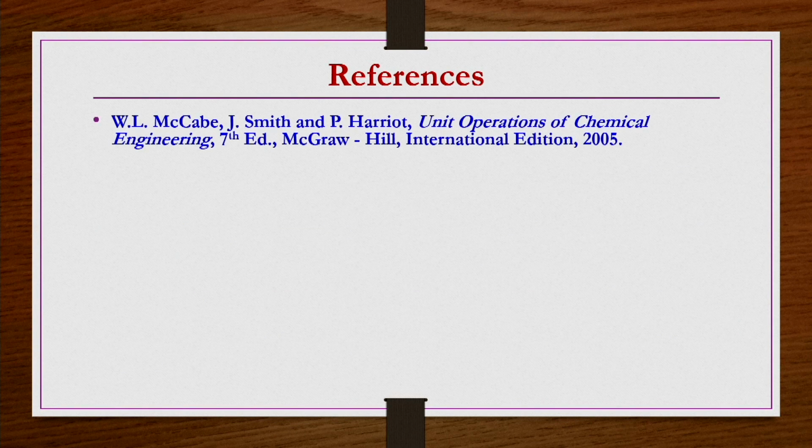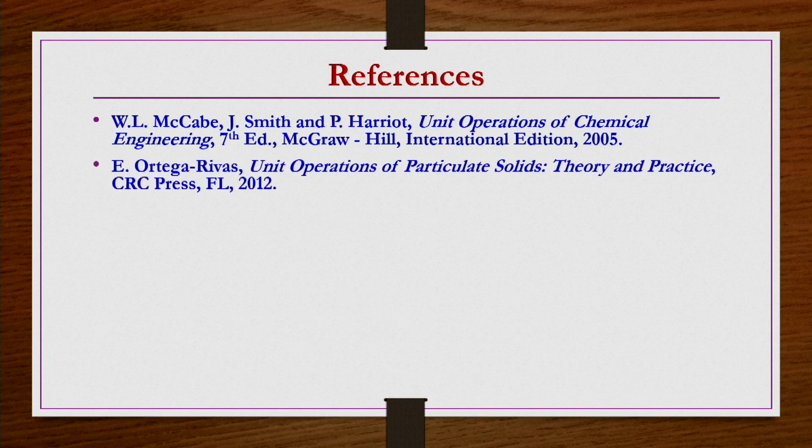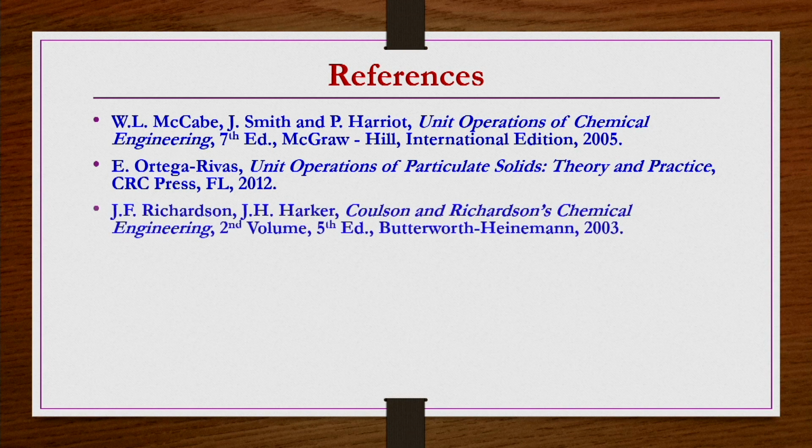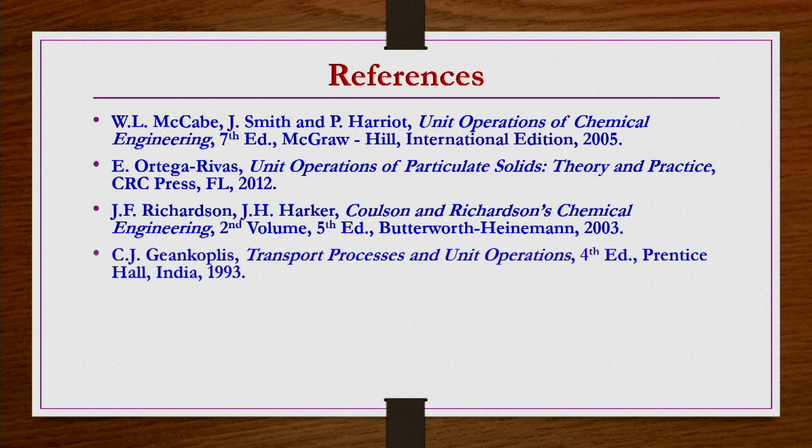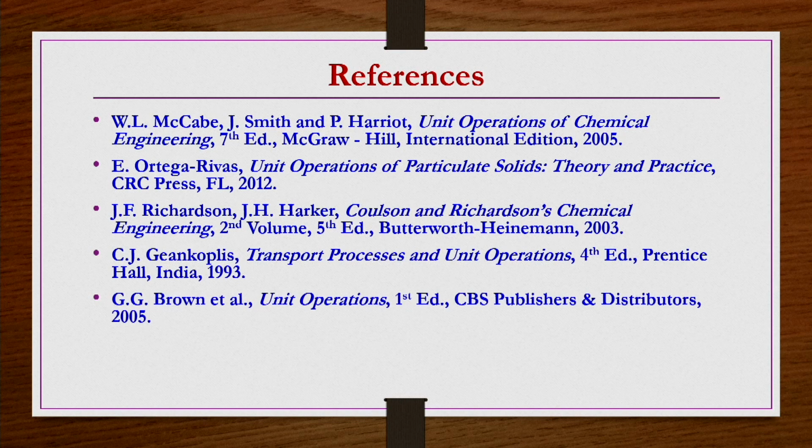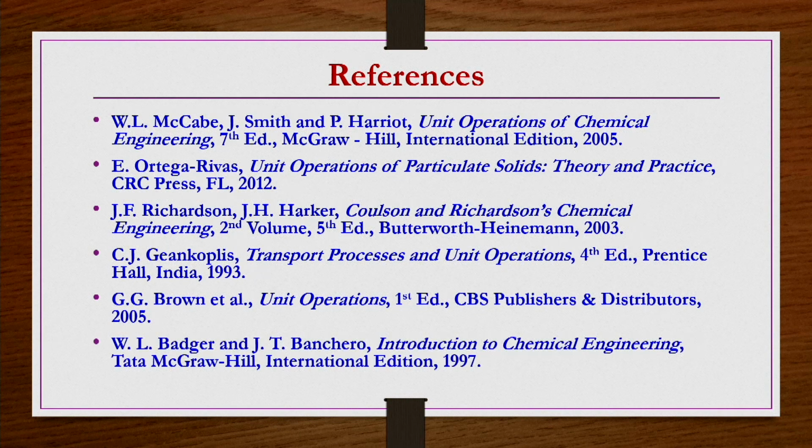The references for this lecture are: Unit Operations of Chemical Engineering by McCabe, Smith and Harriott; Unit Operations of Particulate Solids, Theory and Practice by Ortega-Rivas; Chemical Engineering Series, 2nd volume by Coulson and Richardson; Transport Processes and Unit Operations by Geankoplis; Unit Operations by Brown et al.; and Introduction to Chemical Engineering by Badger and Banchero.